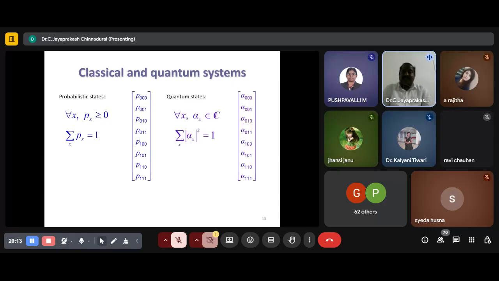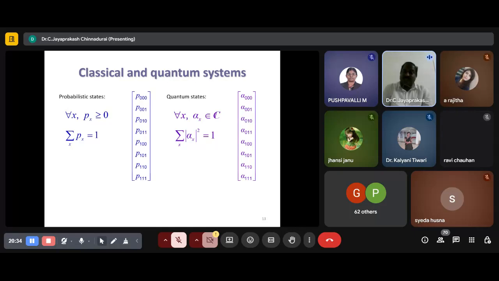At the same time, when we represent a quantum state, for all x, alpha of x belongs to C, that is the entire thing. The same thing is represented as the sum over x of alpha of x, the whole squared, equal to 1.